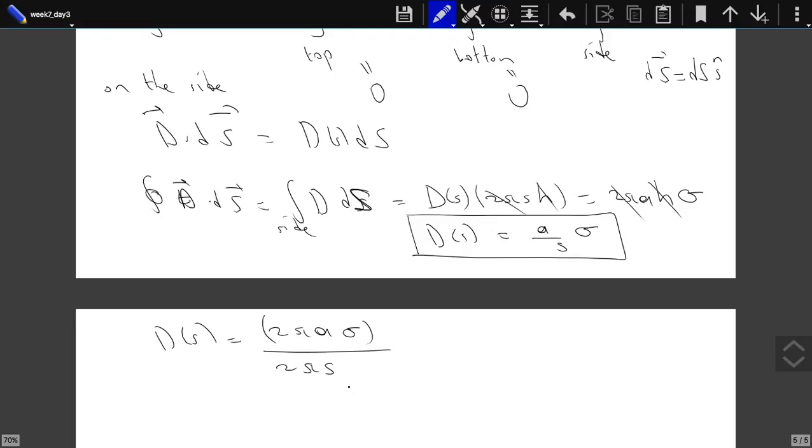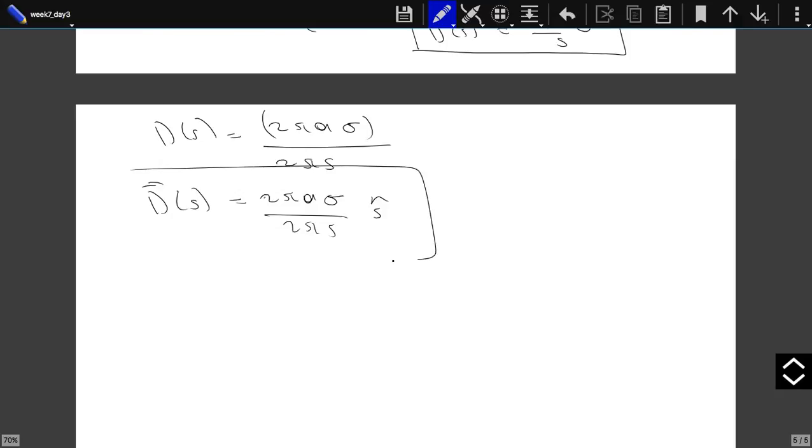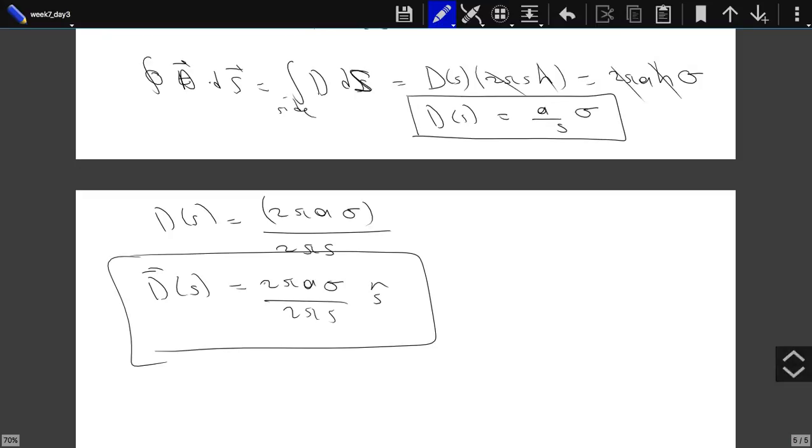And hence, I know my displacement field is equal to 2 pi a times sigma over 2 pi s in the s hat direction. Now we could determine, in this example at least, what the displacement field is. Of course, it will be interesting to obtain the electric field also. But remember, the electric field is related to this displacement field through this relation.